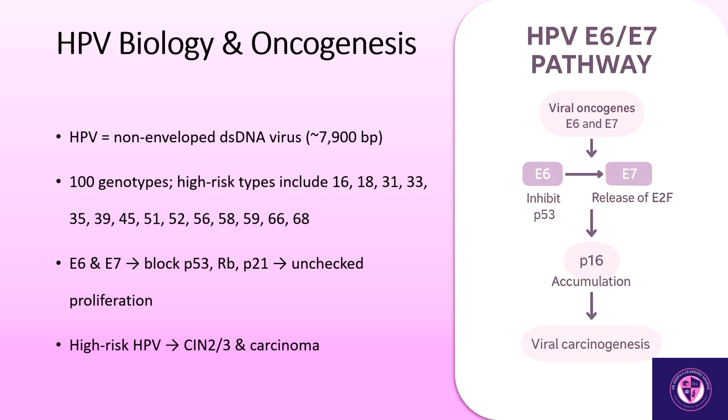Without p53 and RB functioning correctly, the cell loses its ability to halt the cell cycle, repair the damage, or undergo apoptosis. Because of these events, the infected cells accumulate multiple genetic errors that lead to cervical intraepithelial neoplasia and in some cases carcinoma also. Understanding this biology explains why the molecular detection of E6 and E7 transcripts is highly relevant clinically.